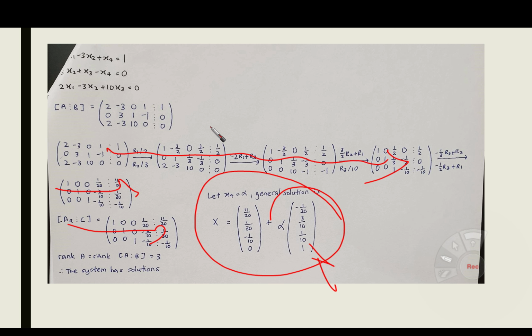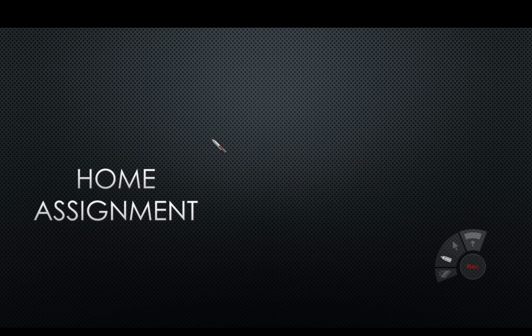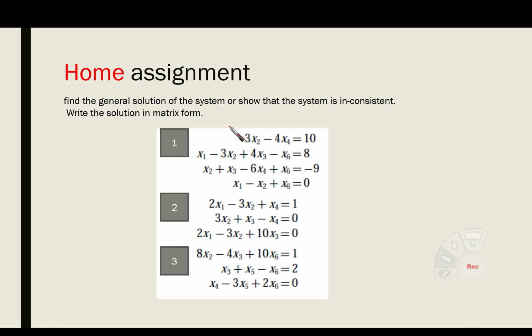Okay, and now let's go to the final step for this, which is related to the home assignment. So this is your home assignment. Find the general solution of the system, or show that the system is inconsistent. As we said, write the solution in matrix form.